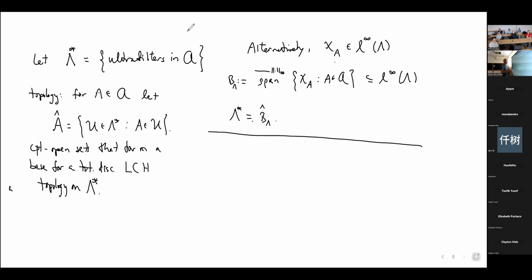So let me just give you a rough idea of where the C-star algebra comes from. There is a separate lecture course about C-star algebras of groupoids by DJ, who is in the audience.